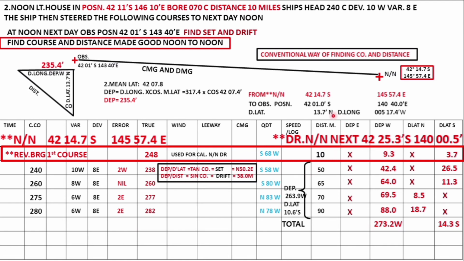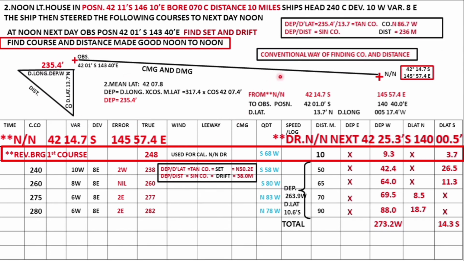You already calculated your DLAT here, 13.7, and your departure, and using the formula again, you get your course and distance. So this is your set and drift. This is how you calculate your set and drift here.